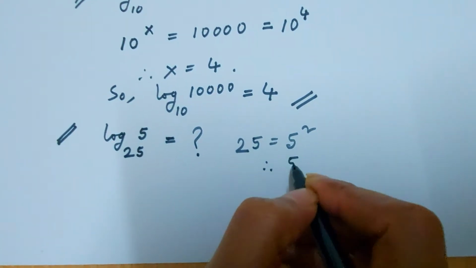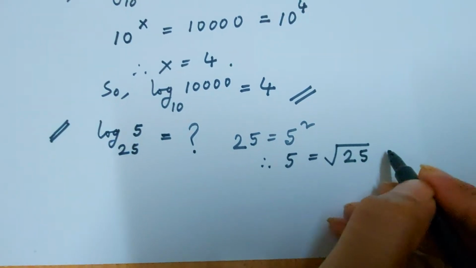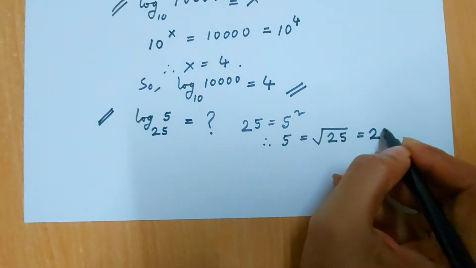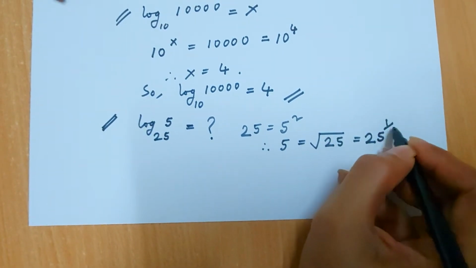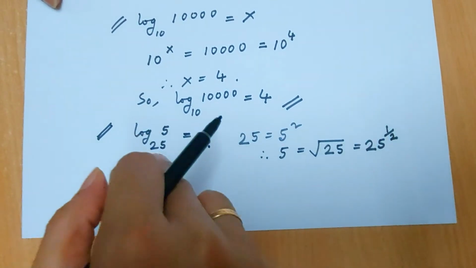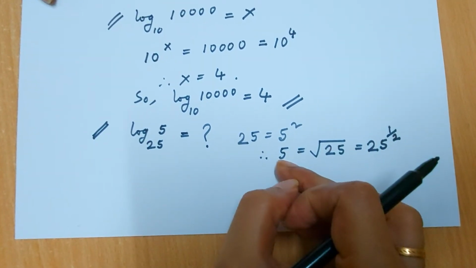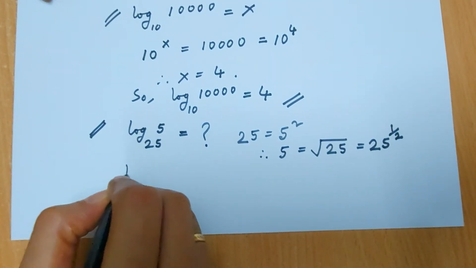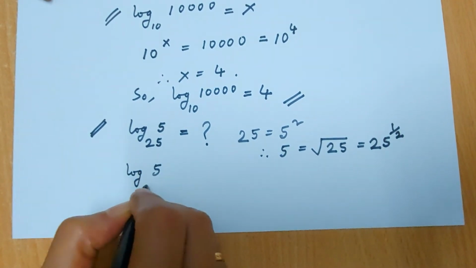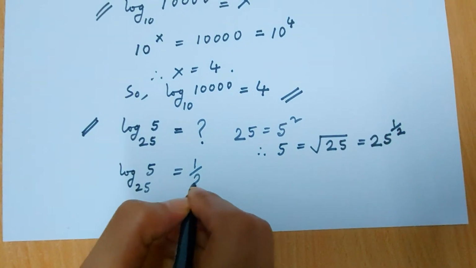So 5 equal to root over 25, and in terms of power we can write 25 to the power half. So 25 is the base raised to power half to get 5. That's why log of 5 to the base 25 equal to half.